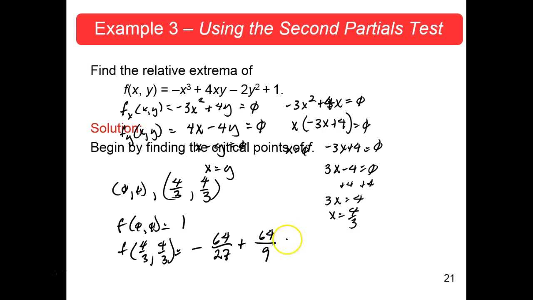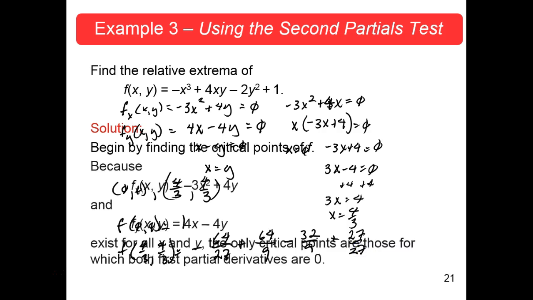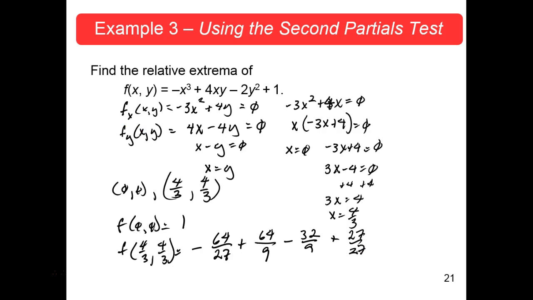Minus 2 times the square of that, which would be 16 ninths, and twice 16 ninths would be 32 ninths, plus 1. Let's get everything to 27ths anyway.